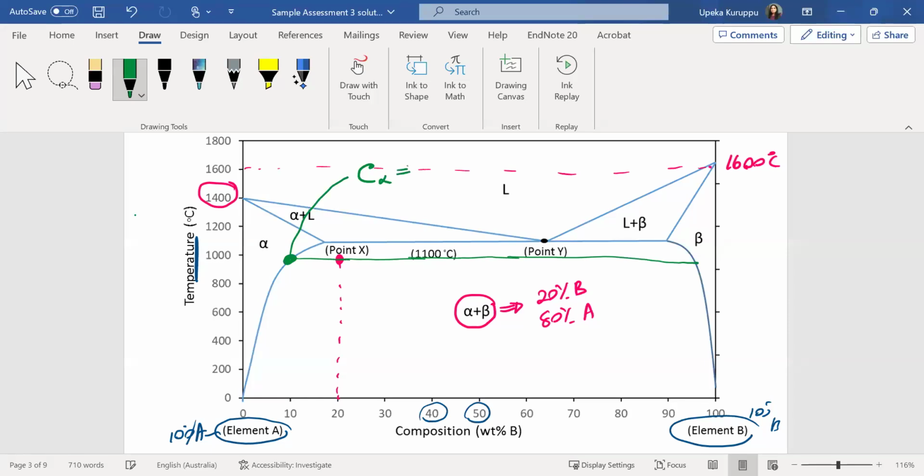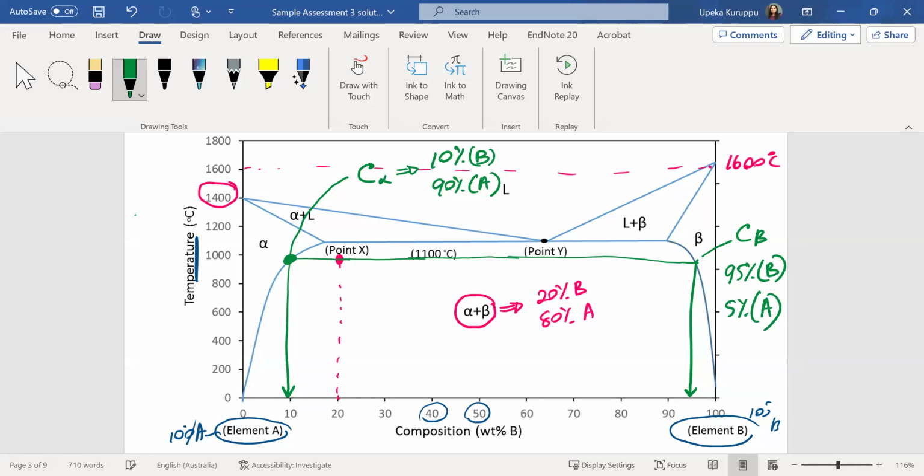So how do you write this? In this one, what do you have? 10% of B and 90% of A. Does that make sense? How about the beta composition in the beta phase? Okay, so in the beta, you have 95% of B and 5% of A. Do you understand what it means?